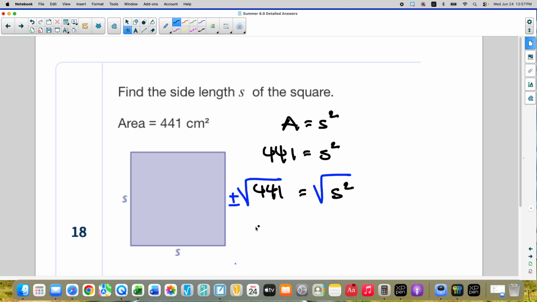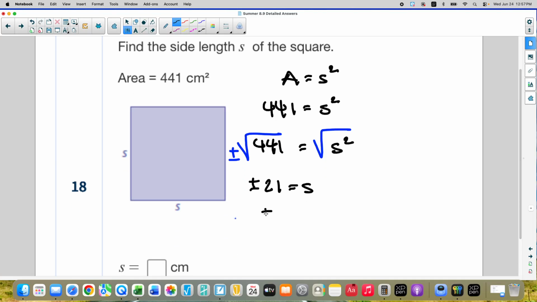So we get plus or minus 21 equals S. Now that means positive 21 and negative 21. But this gets negated because you can't have negative distance. You can't have negative 21 centimeters. So the answer is 21 centimeters is the side length of the square.